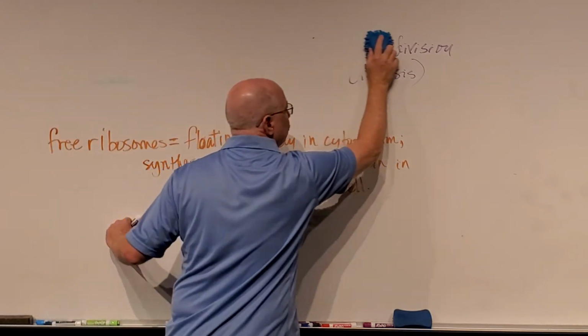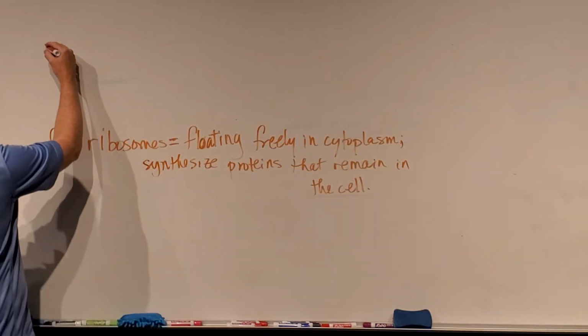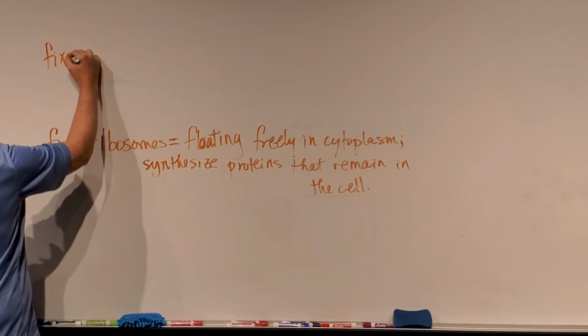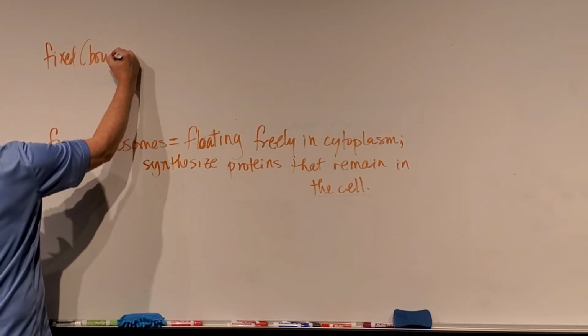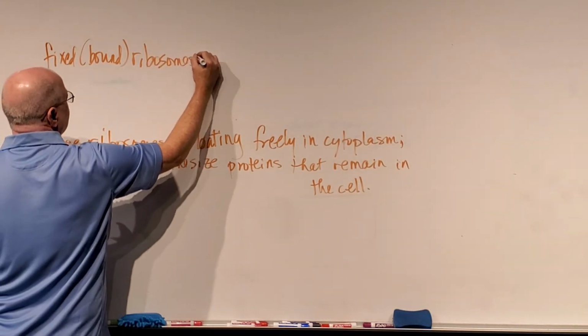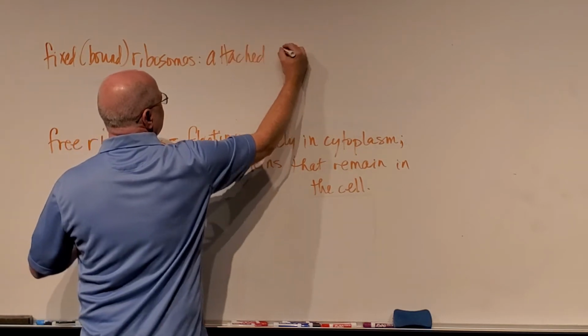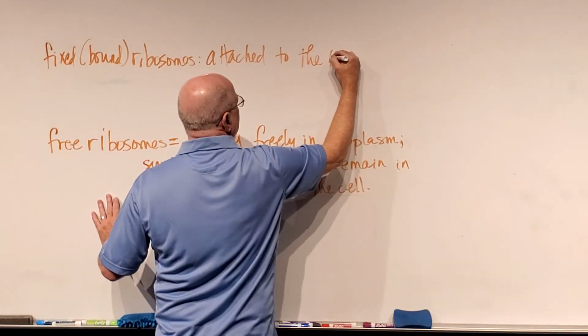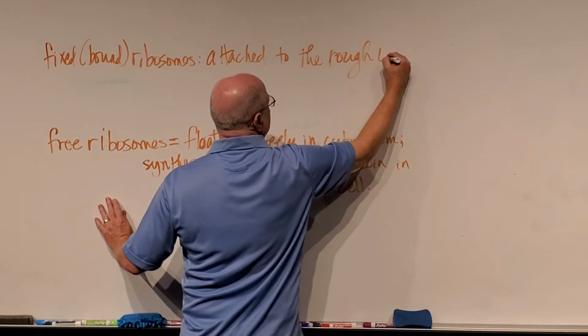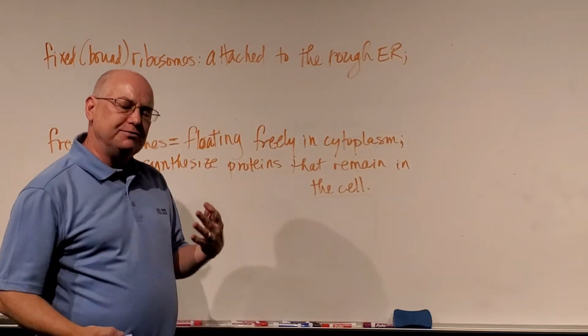bound ribosomes or what we call fixed ribosomes. So when we talk about fixed ribosomes, and some people refer to them as bound ribosomes, we say that they are attached to the rough ER, and the ER stands for endoplasmic reticulum.